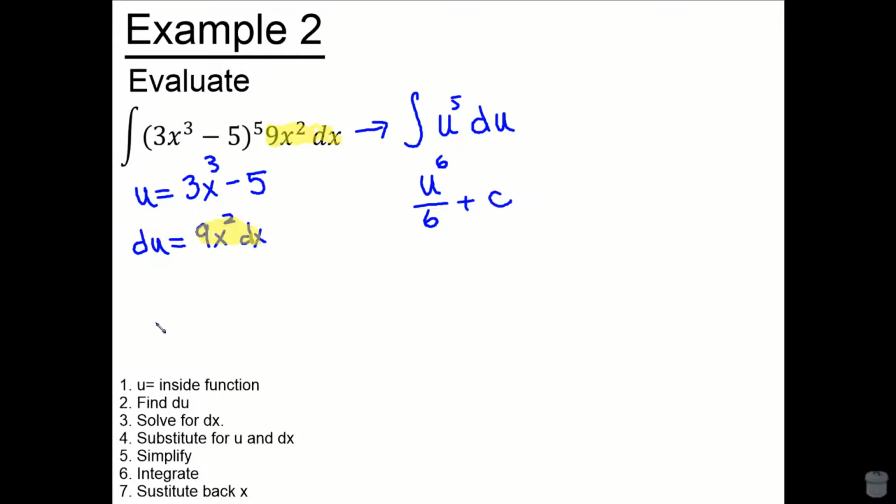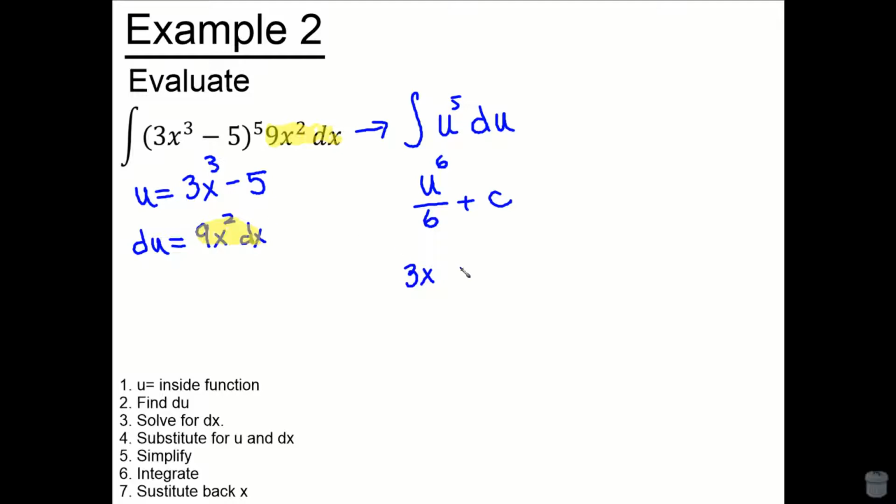Now we're going to substitute back in x. So we need to put in, instead of having u, we need to replace it with 3x cubed minus, this is wrong. Let me find my eraser here.